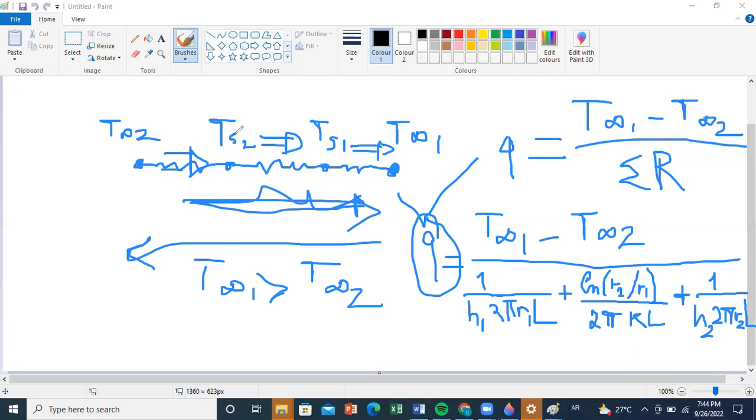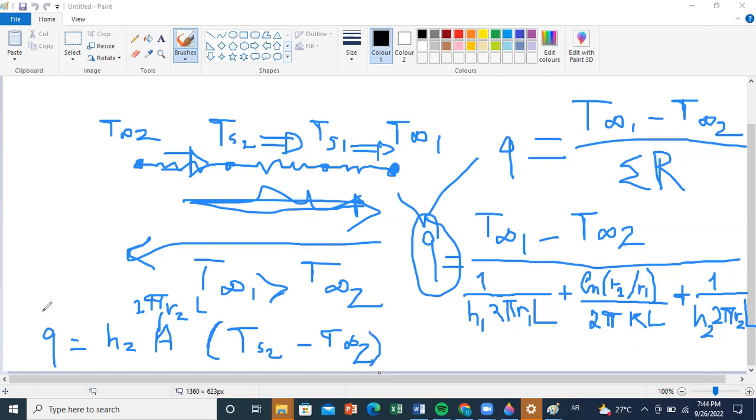So once you find Q, to get TS2, you say Q can be calculated as H2 times area 2, which is 2 pi R2 times L, times delta T, where delta T that you will use here will be TS2 minus T infinity 2. So this equation can give you the value of TS2.